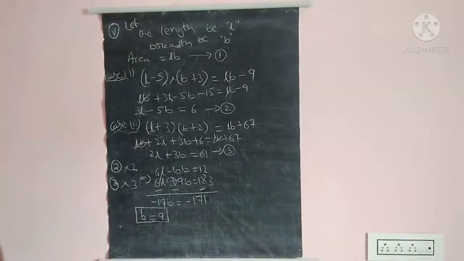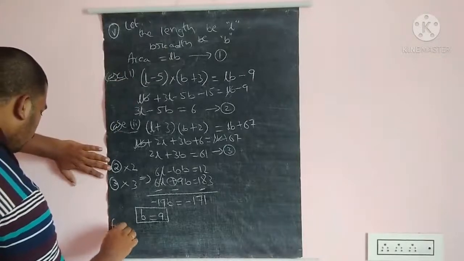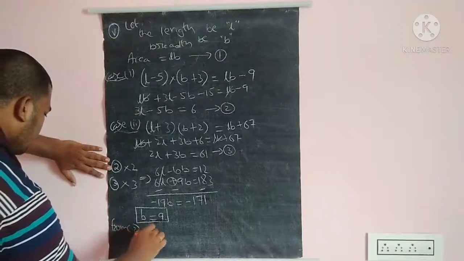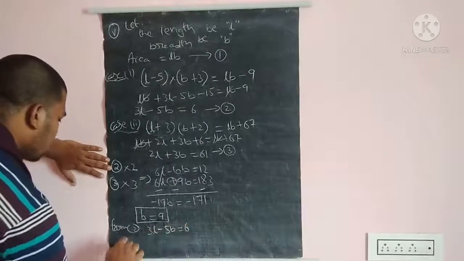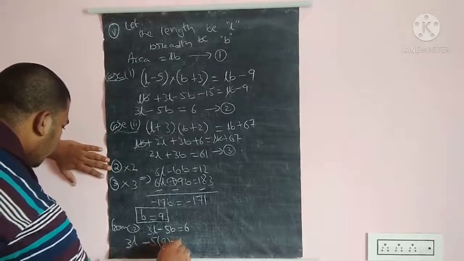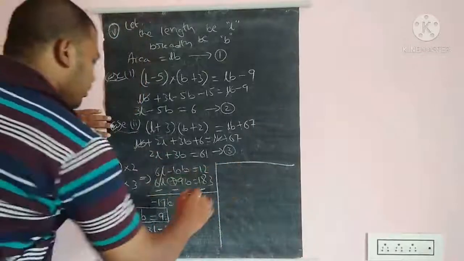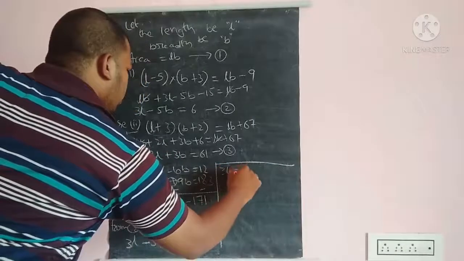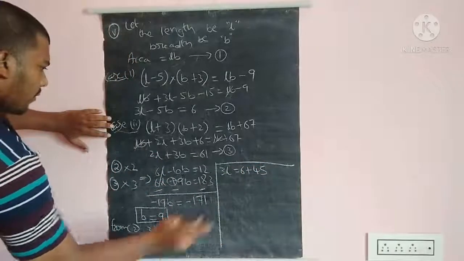Next you need to find the length. From 2 we can write 3L minus 5B is equal to 6. 3L minus 5 into 9 is equal to 6. I'll solve the remaining here. 3L is equal to 6 plus 45, since 5 nines are 45.